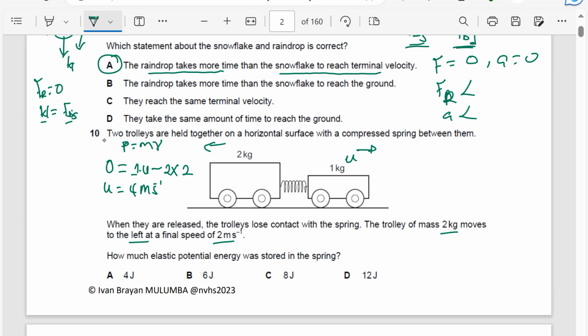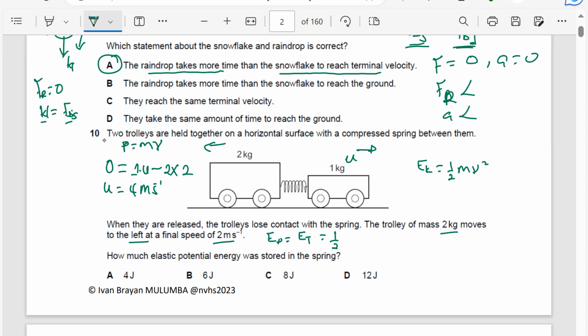So the question is, how much elastic potential energy was stored in the spring? The elastic potential energy stored is simply going to be the total energy here. Kinetic energy is a half mv squared.